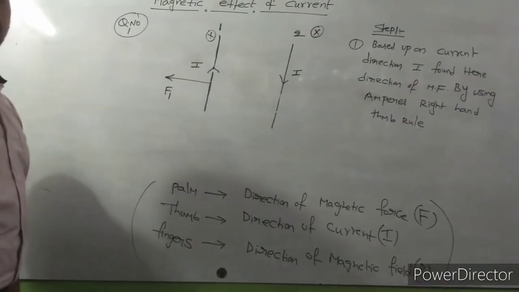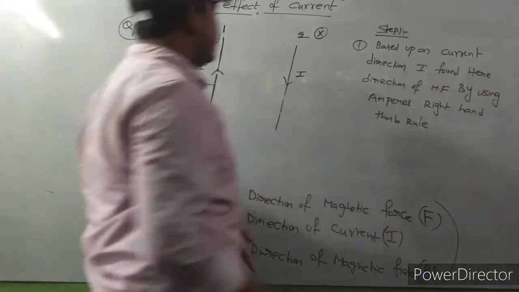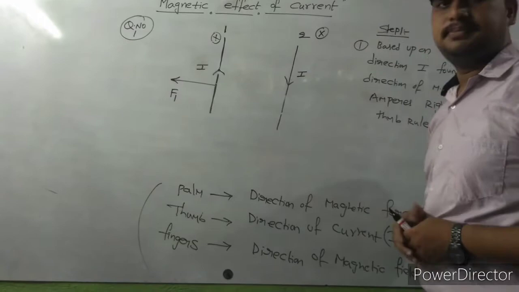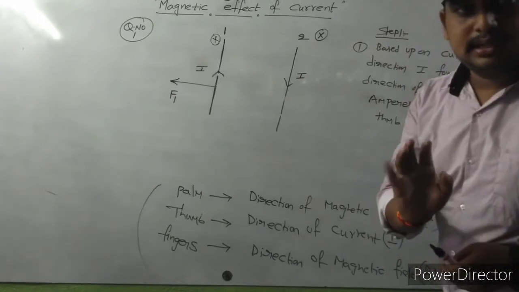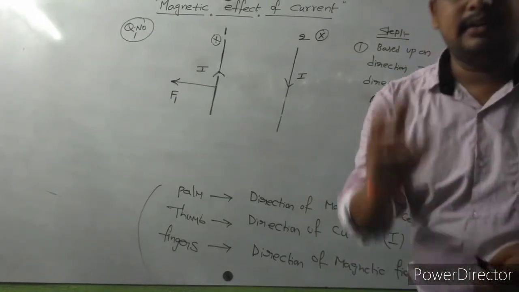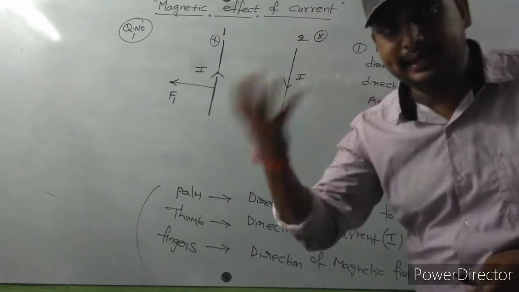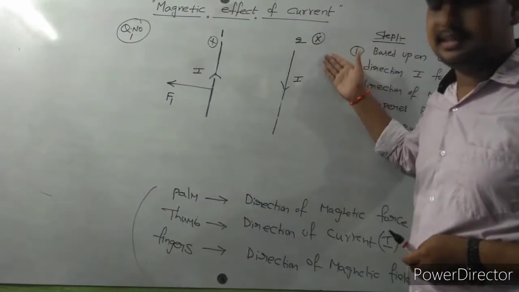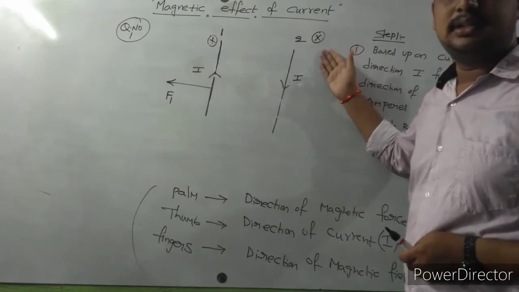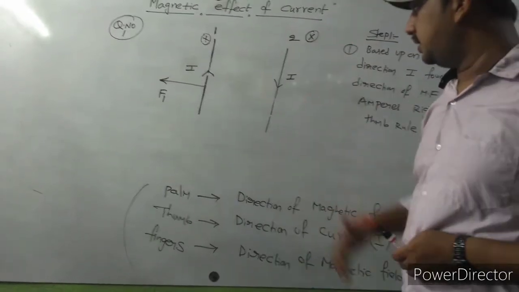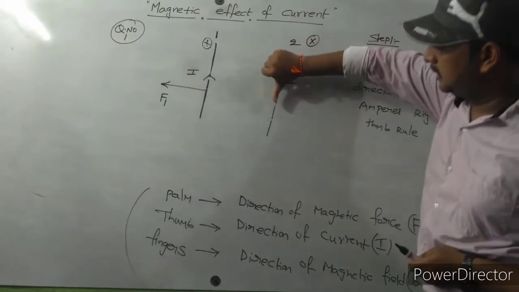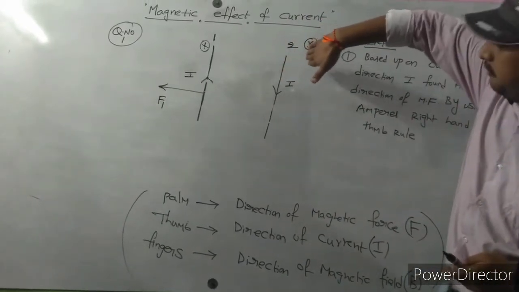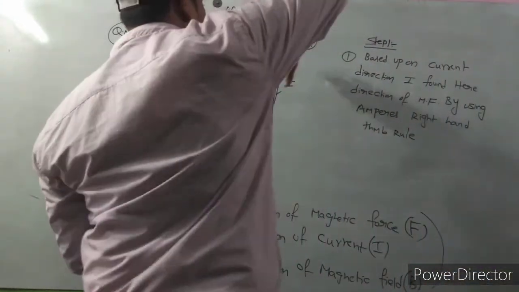F1. Next, in this second case, how do we find the magnetic force acting due to this? Dear student, if a magnetic field is there, definitely some magnetic force is acting. Here the current carrying conductor produces a magnetic field. That magnetic field is into the face. So how is the magnetic force acting? Here the thumb indicates the direction of current. The fingers indicate the direction of magnetic field.